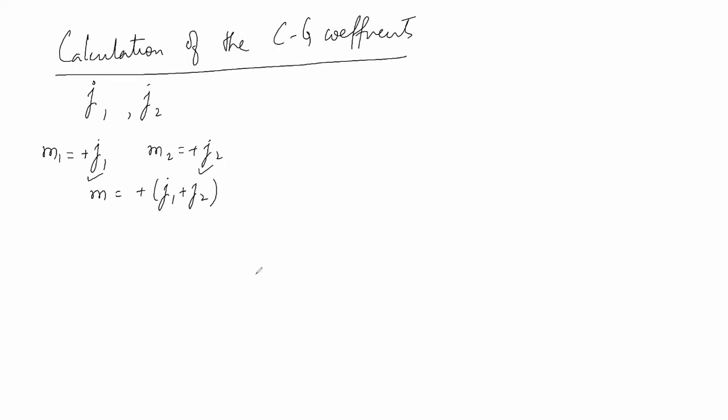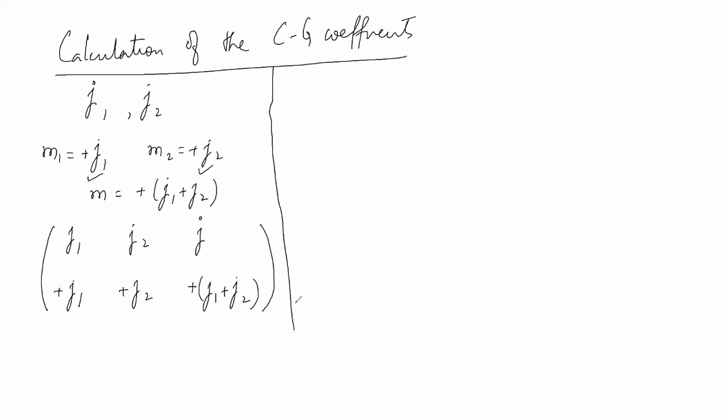Okay, that means J1 whose projection is plus J1, J2 whose projection is plus J2. This is giving me J, and this is giving me plus J1 plus J2. Is it clear to everybody?